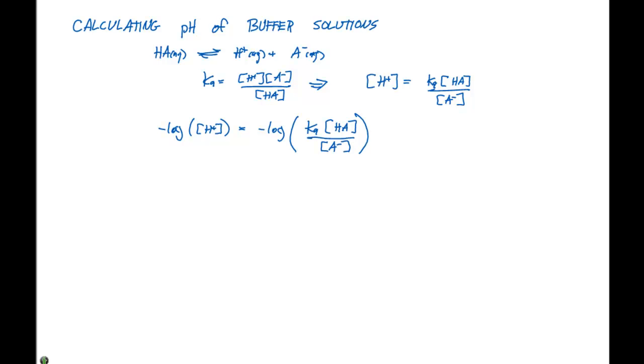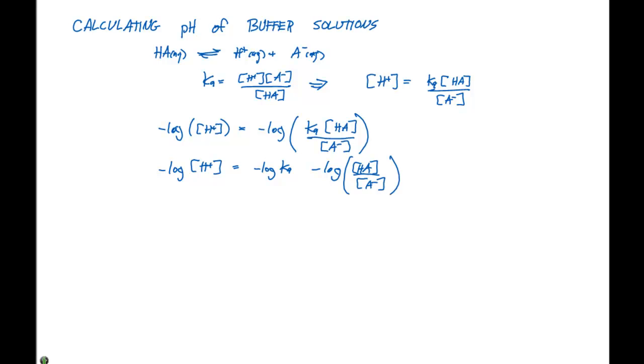We can use some logarithmic algebra to rearrange this expression. The negative log of the H plus is going to equal the negative log of the Ka minus the log of the HA divided by A minus. Okay?